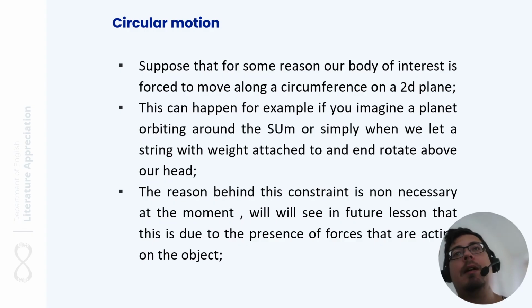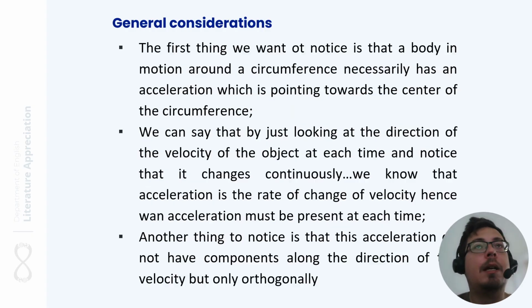At each point of time, there is an acceleration towards the center, which is called centripetal acceleration, and that acceleration changes the direction of the motion. Okay, we will say that in a uniform motion, this acceleration is constant, and also there won't be another acceleration along the direction of the motion.